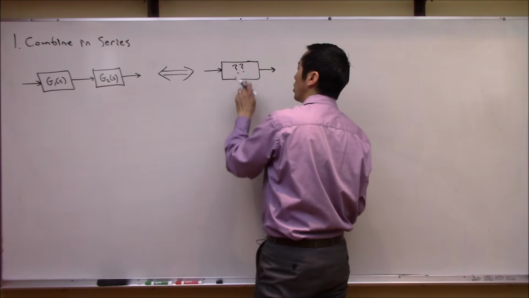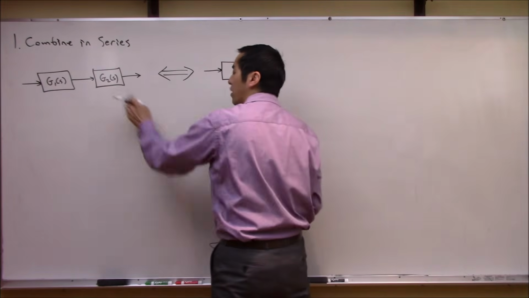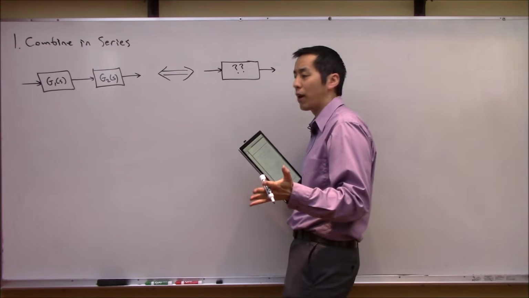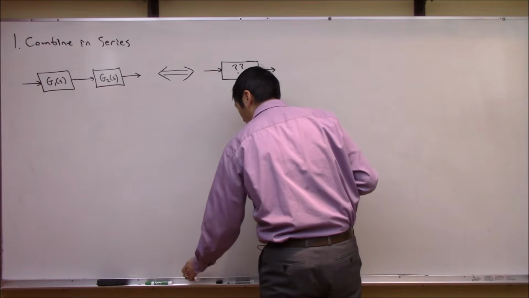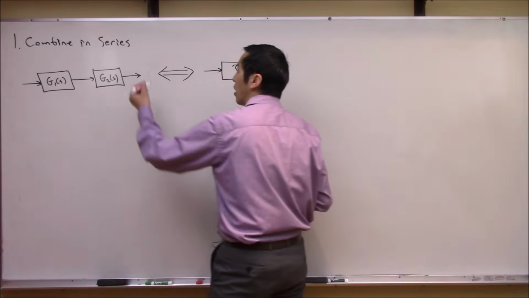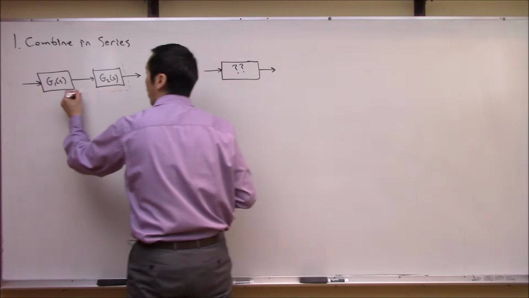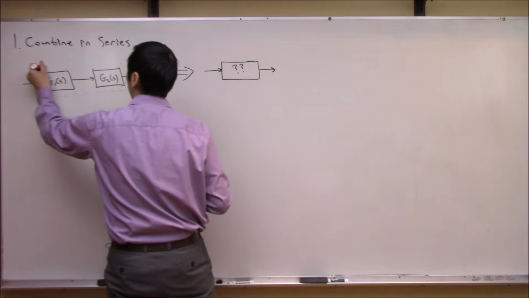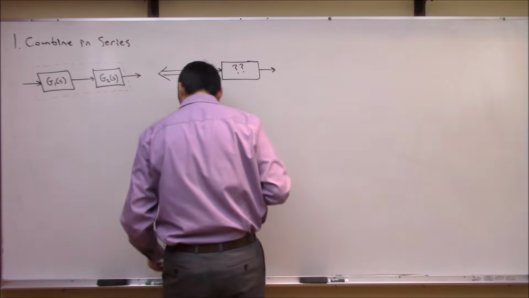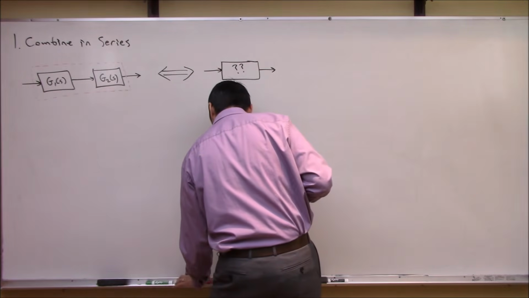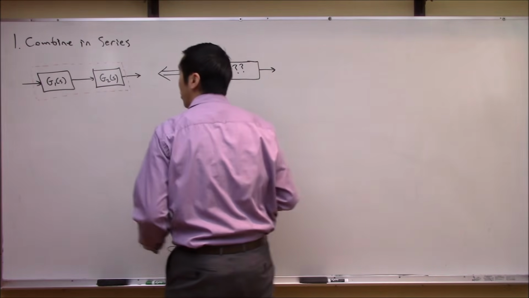right? So the question is, what is this single block that would have the exact same input-output relationship as my original block, okay? So the way I think we can go about doing this is, let's go ahead and draw a little dashed box, maybe, around the original system here. Okay, so let's go ahead and label some of these signals here.